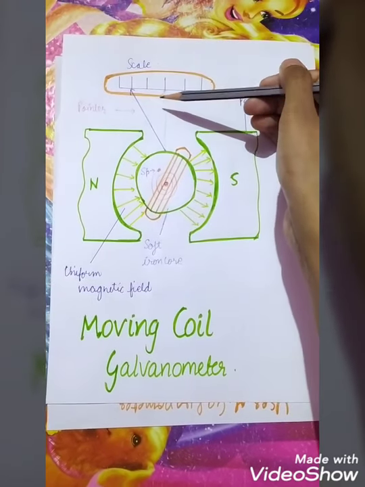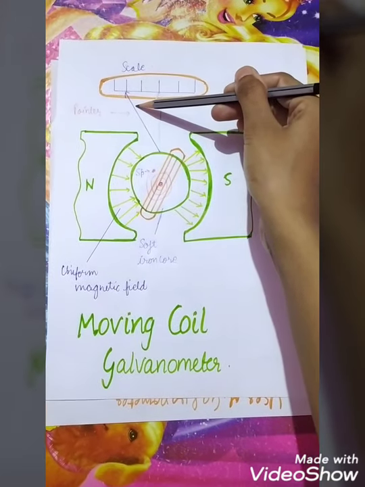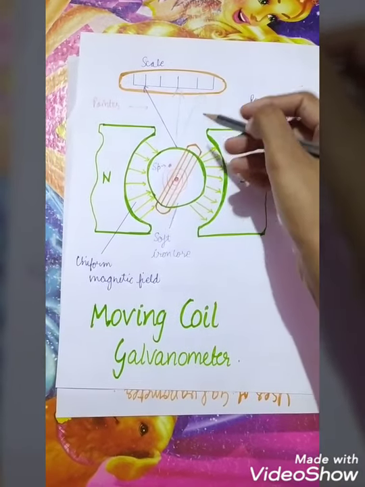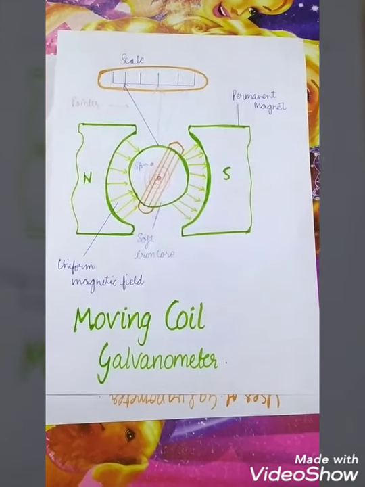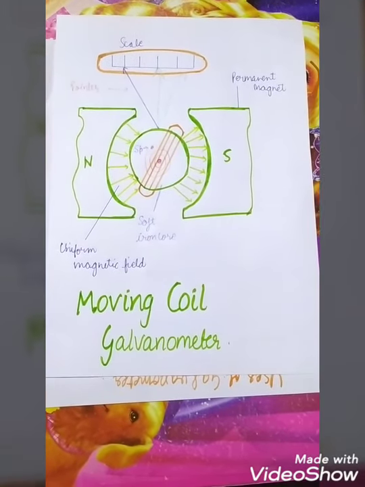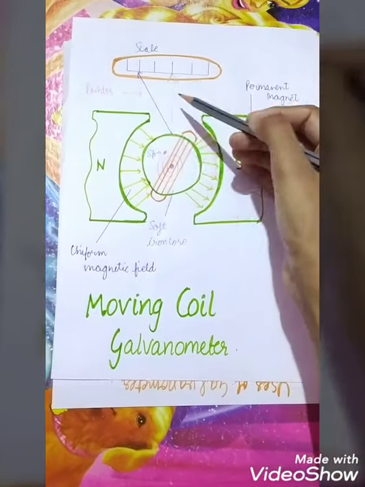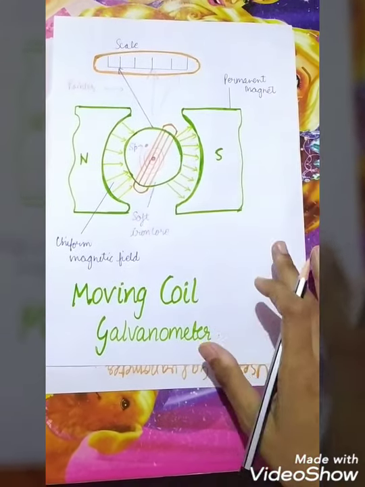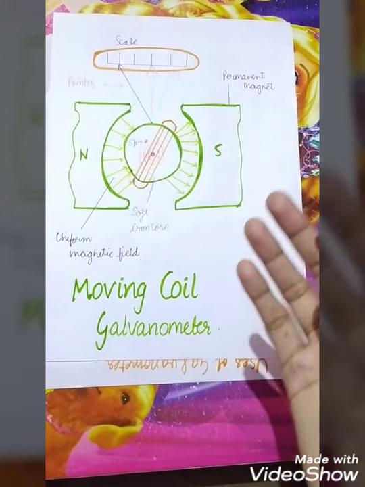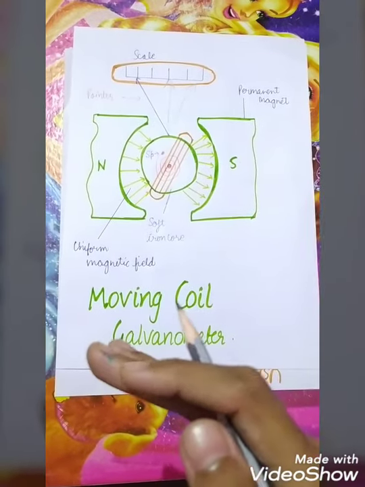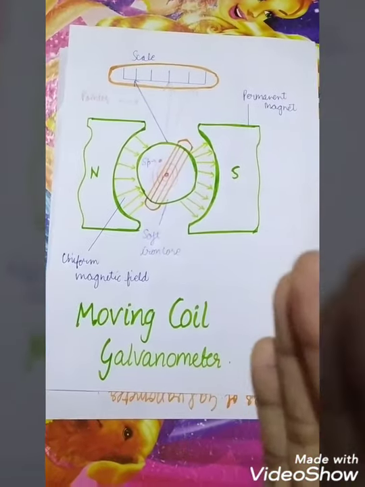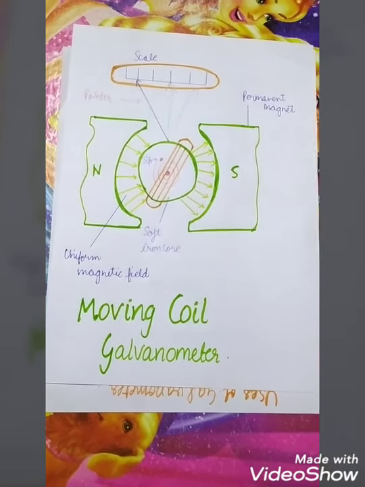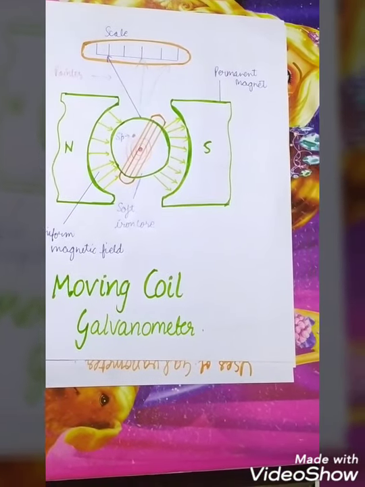But if the pointer shows a value towards the left or right of the midpoint, it indicates that some current is flowing through the circuit. The left and right deflection shows the direction of flow of current: in one direction it deflects to one side, and in the opposite direction it deflects to the other side.